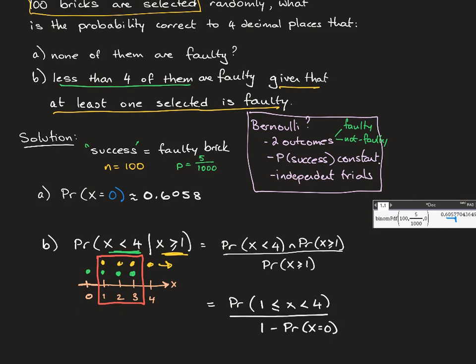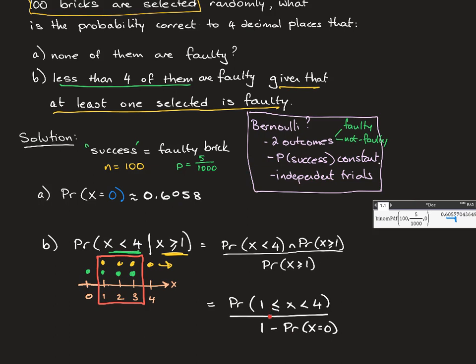Now, our second thing that we need to find is the probability that x is greater than or equal to 1. Now, that's a lot of finding. You could do it on your CAS calculator if you liked. No problems at all. You just put it in as a cumulative distribution function from 1 up to 6, or you could do it as 1 minus the probability that x is equal to 0, which we've just found and already have on our CAS calculator.